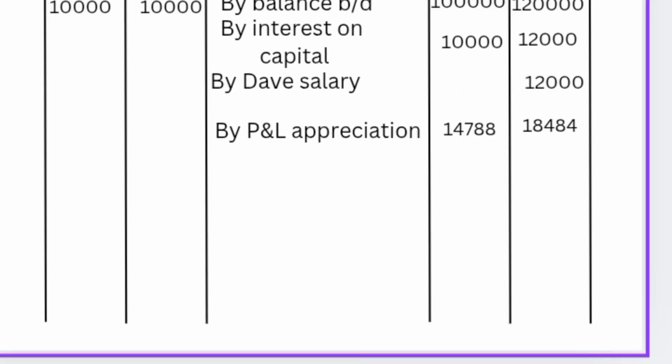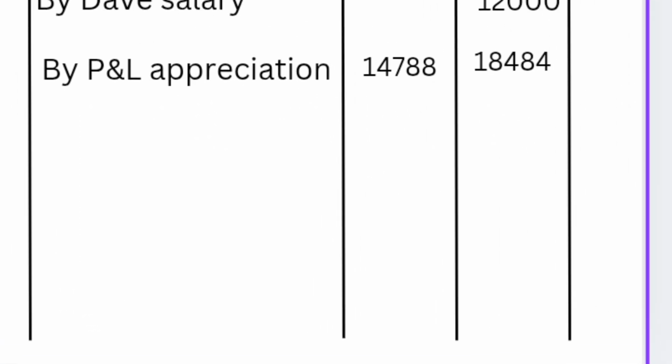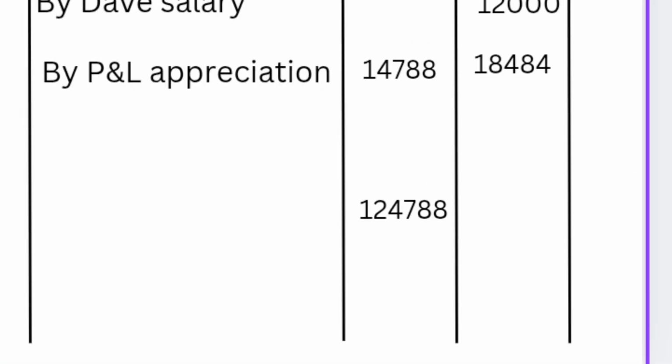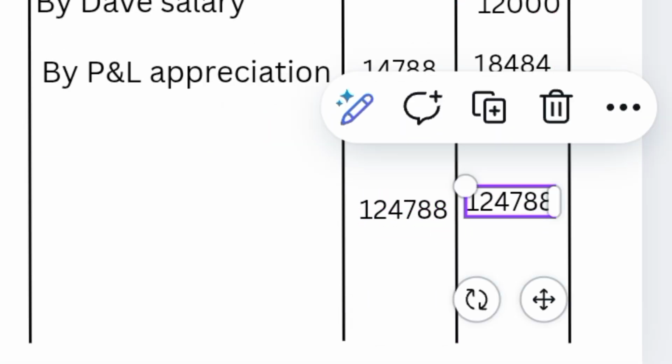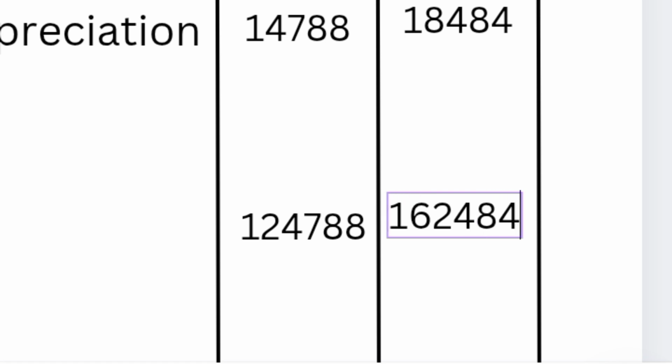The total amount from John's column is 1,24,788, and from Dave's column is 1,62,484.